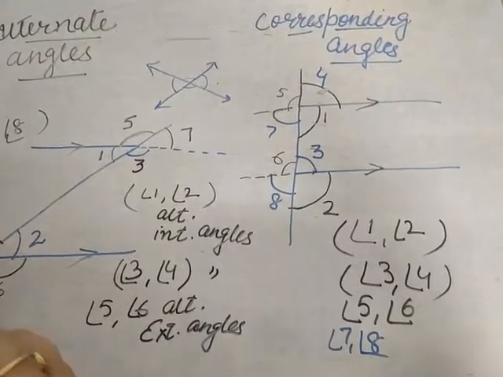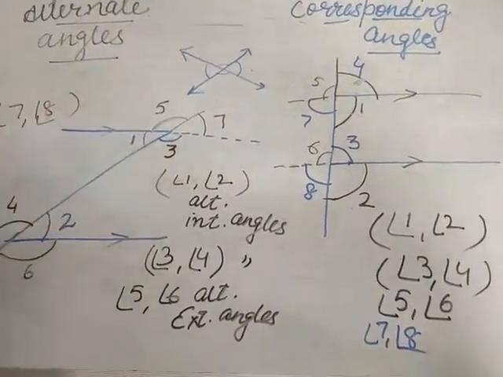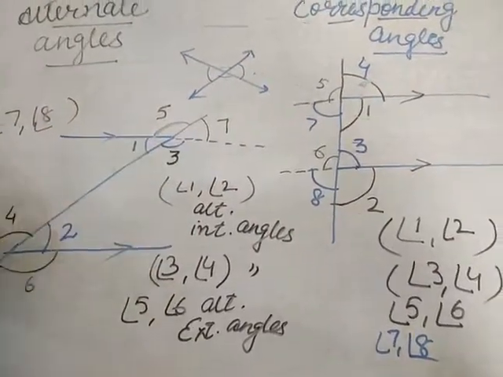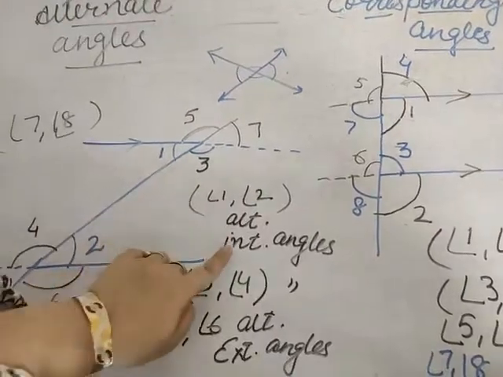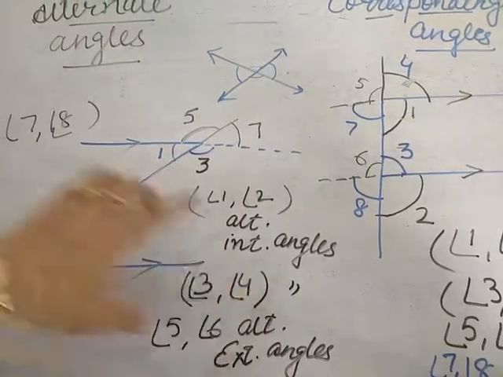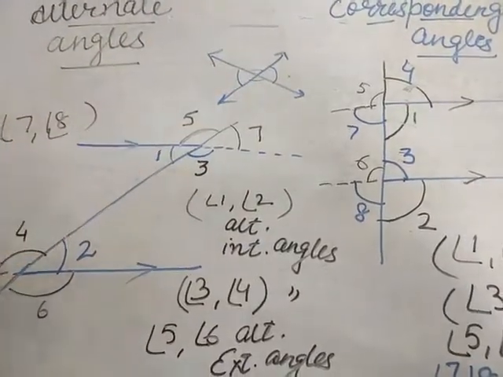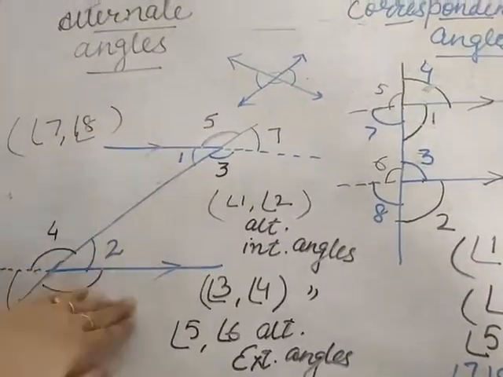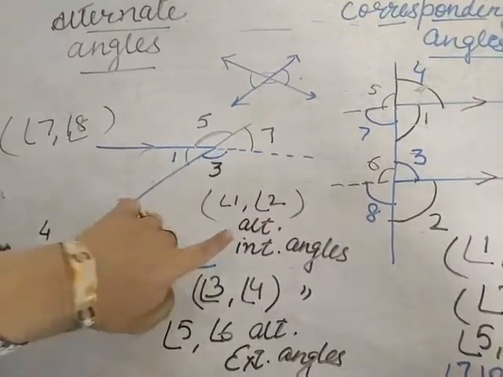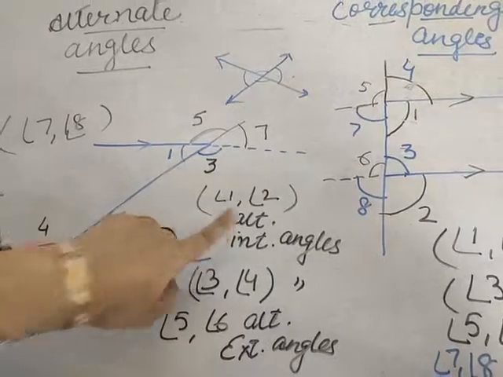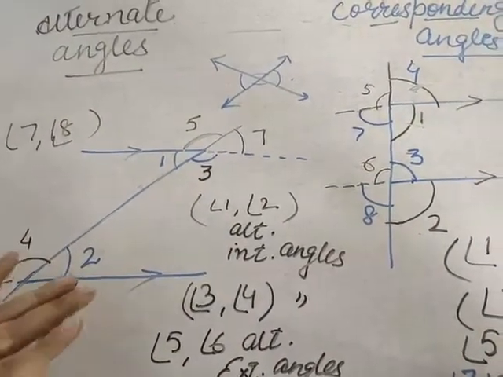Now one important result you have: if you have parallel lines and you know about all the angles, if you are talking about alternate interior angles, if two lines are parallel and there is a transversal line which is cutting both the parallel lines, then all the alternate interior angles and all the alternate exterior angles would be equal.